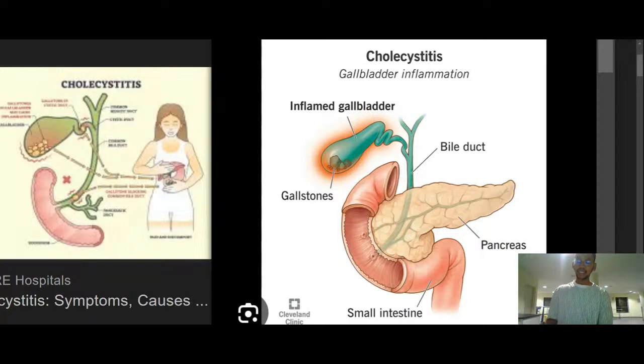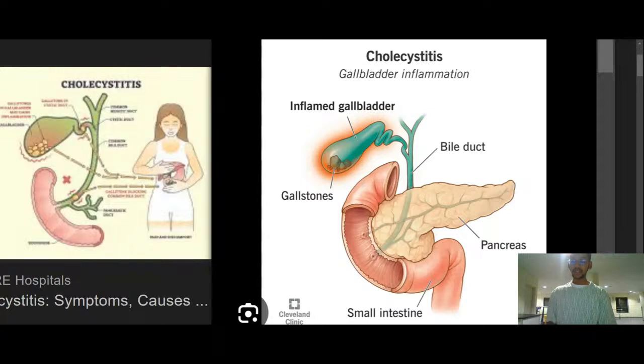And what is biliary colic? Biliary colic is the most common clinical presentation of gallstones, and gallstones that impact the cystic duct or Hartmann's pouch initially cause colicky abdominal pain, followed by varying degrees of inflammation in the gallbladder. So this is the cystic duct over here. If it becomes blocked in the cystic duct, you can have biliary colic.